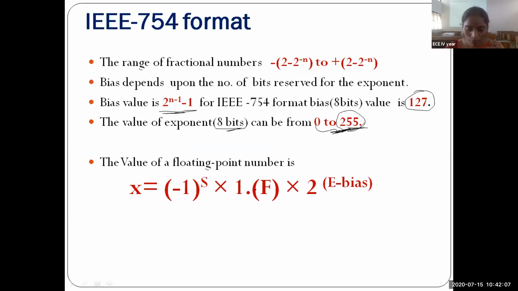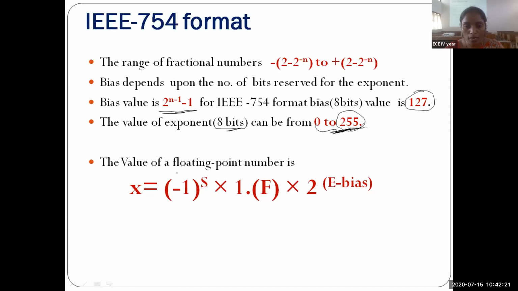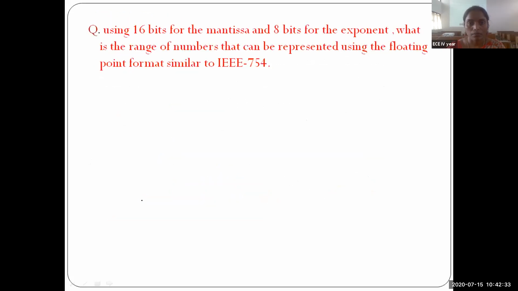So 1.109375 into 2 power E value. How much is E? E is 6, minus bias value, how much? 7. Minus 7, right? That value you need to substitute and multiply. Multiply this value, that is the resultant x value, right? In this way you have to calculate the equivalent value of the number. Is it clear? Yes.